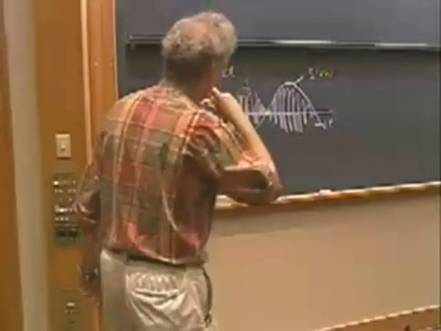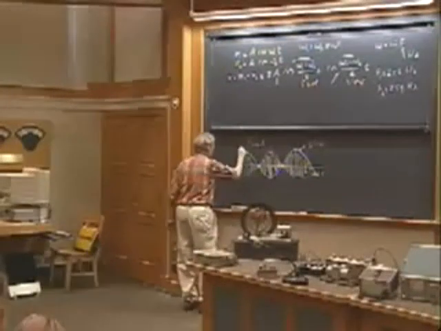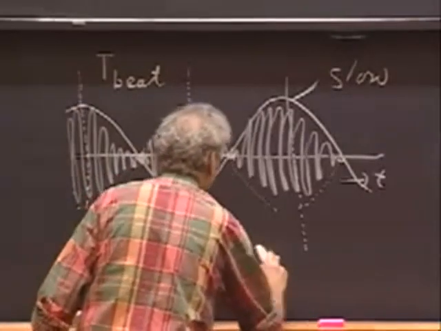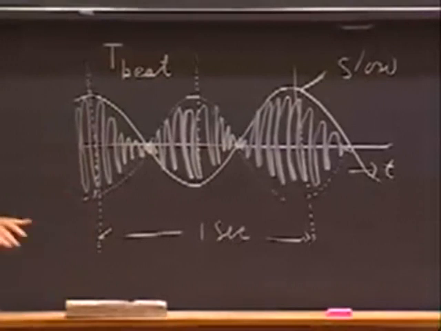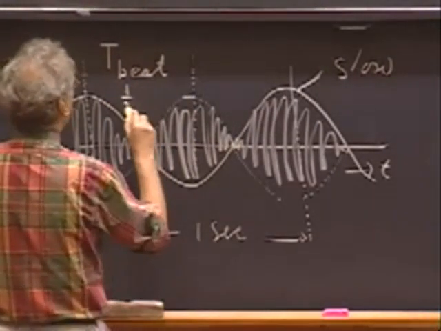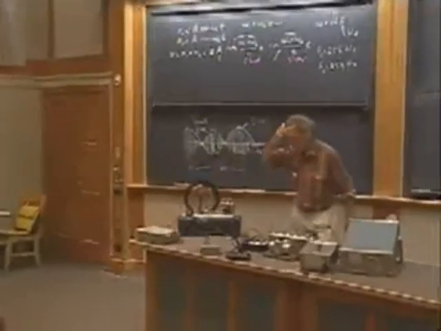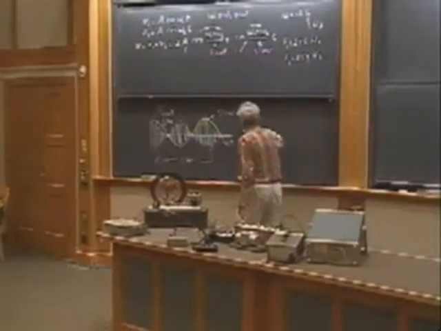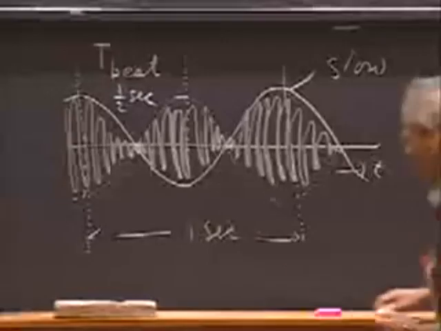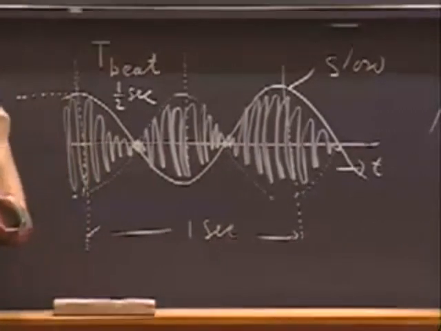For the working example that we have on the blackboard there, the 256 hertz and the 254 hertz, from here to here would be 1 second. That's the time for the slow one to go 360 degrees, and so the beat period would in that case be half a second. So if you want to see in your head what is happening, then if one oscillation is like this, when they are in phase, each one has an amplitude A. When they are in phase, you get 2A.